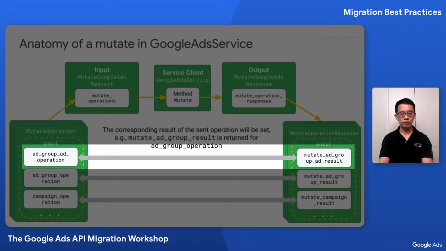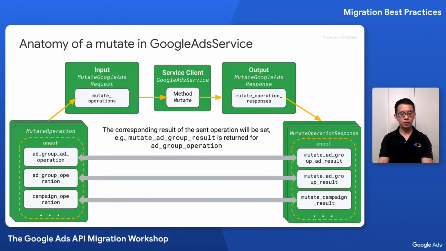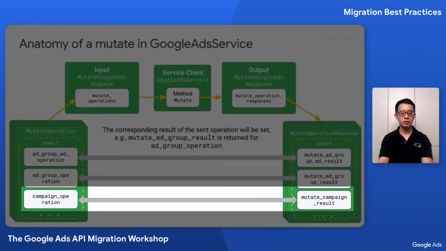For example, if you send MutateOperation number 1 with AdGroupAdOperation, then MutateOperationResponse number 1 will have MutateAdGroupAdResult populated too. Or if you send CampaignOperation as MutateOperation number 2, you will get back MutateCampaignResult populated in the MutateOperationResponse number 2 as well.